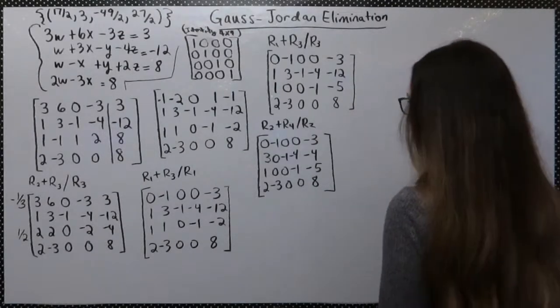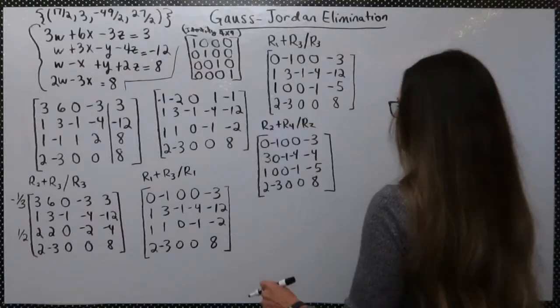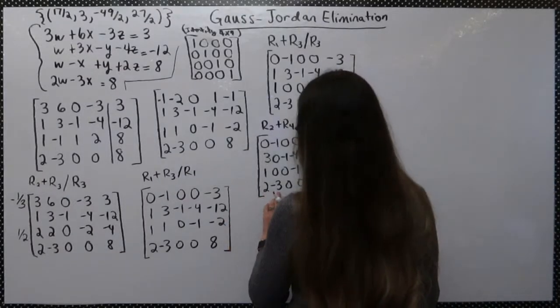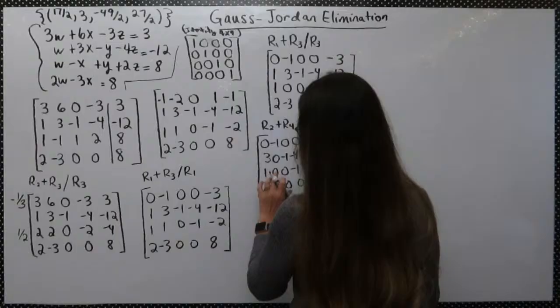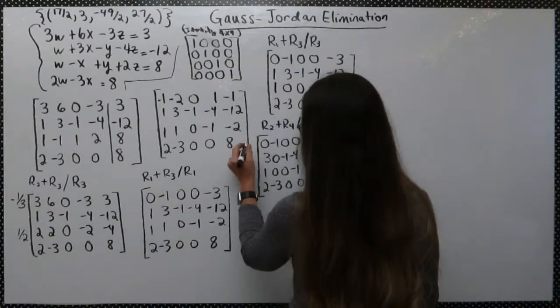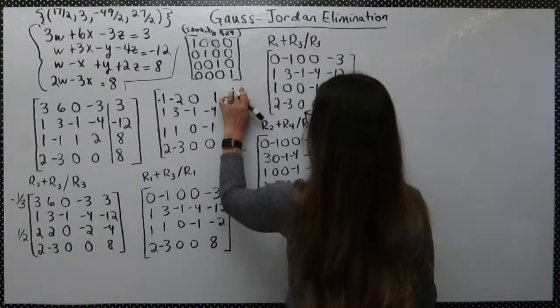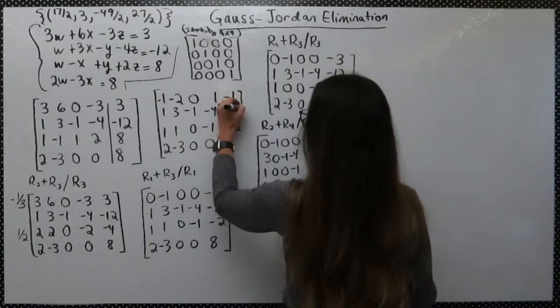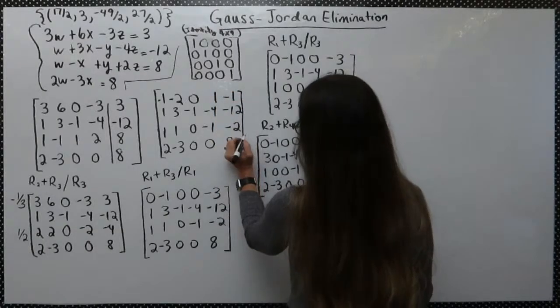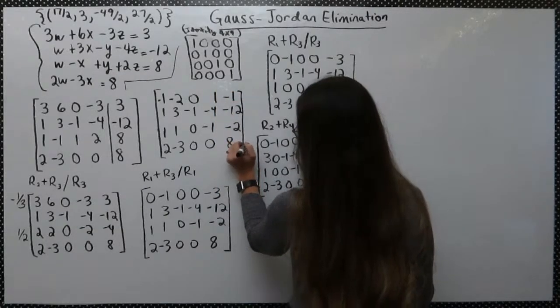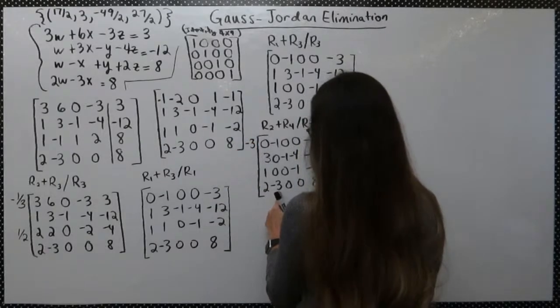All right, so I think we can make this one 0, but I'm going to have to add it to this. I'm going to have to multiply this row by a -3 to do that for this position right here.